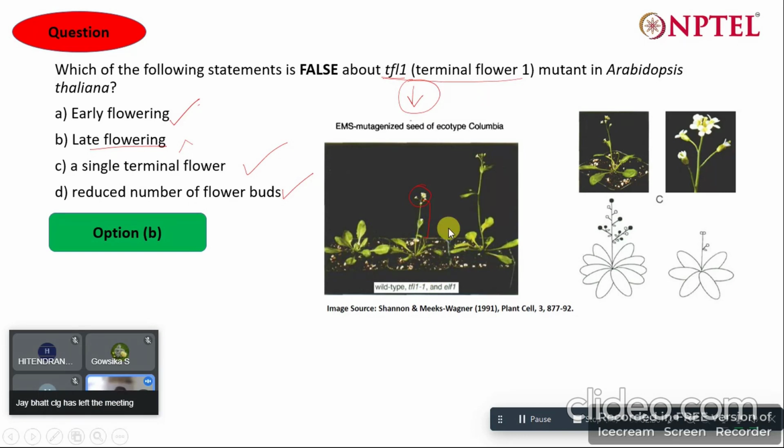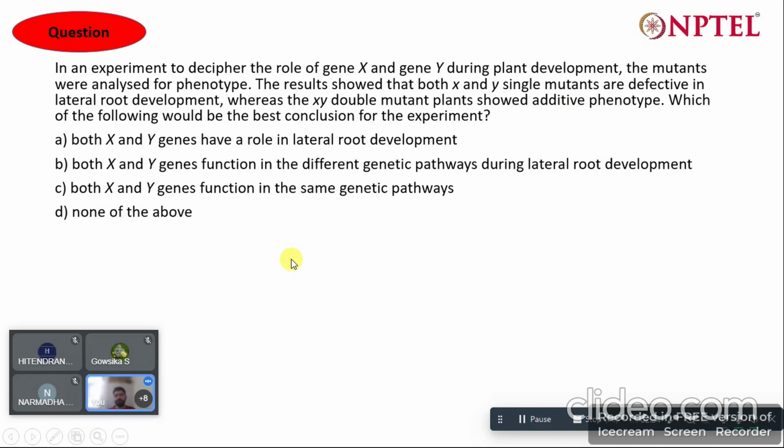Okay, then we'll move on to the next question. So, in an experiment to decipher the role of gene X and gene Y during plant development, the mutants were analyzed for the phenotype. So, we are using two genes, gene X and gene Y. The result showed that both X and Y single mutants are defective in lateral root development.